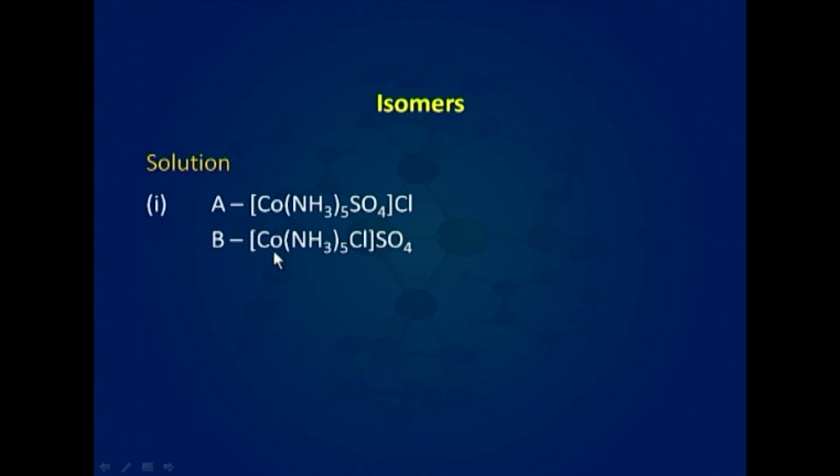Hence, it is [Co(NH3)5Cl]SO4. Here, sulphate is present in ionization sphere and it will give white precipitate of barium sulphate with barium chloride. As the ligands present in ionization sphere and coordination sphere are different, this isomerism is ionization isomerism.